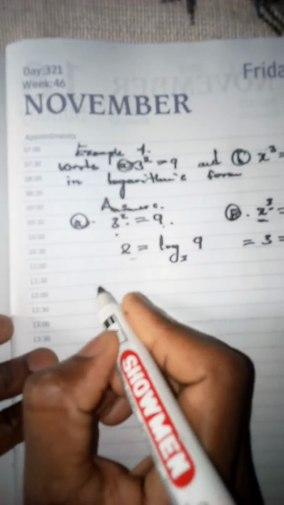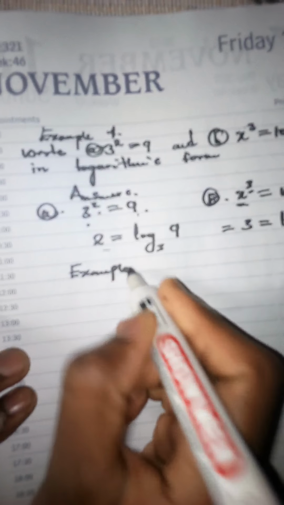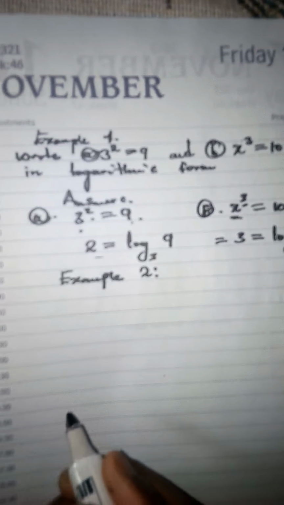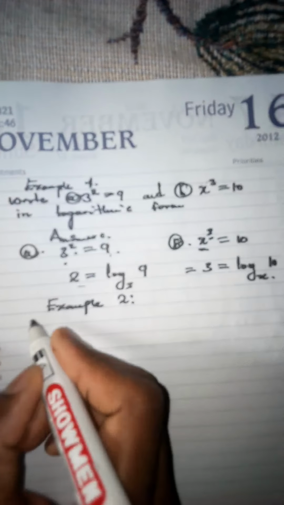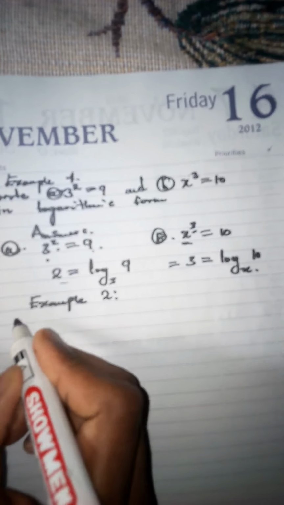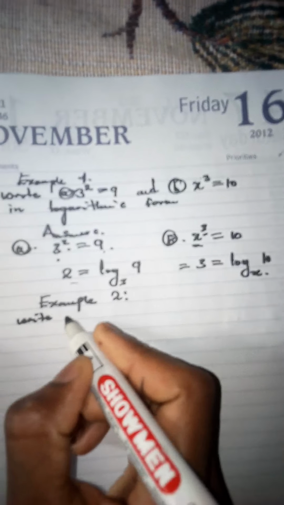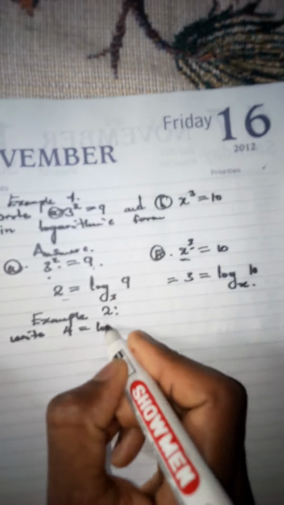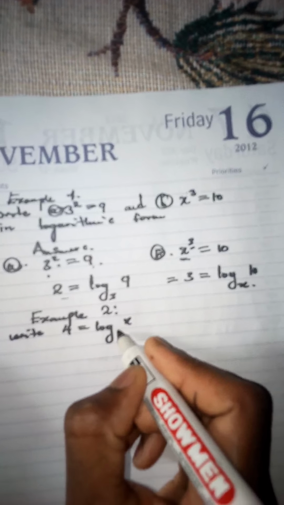Okay, so let's go to our example 2. In this example 2, we have been given: (a) 4 is equal to the logarithm of x to the base 3.